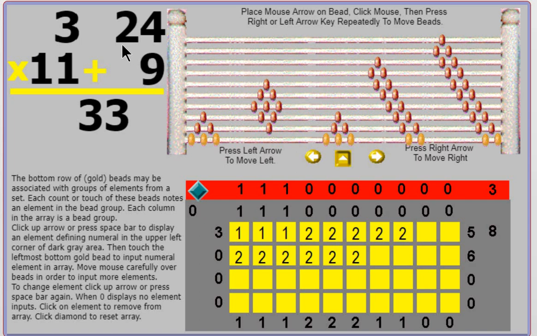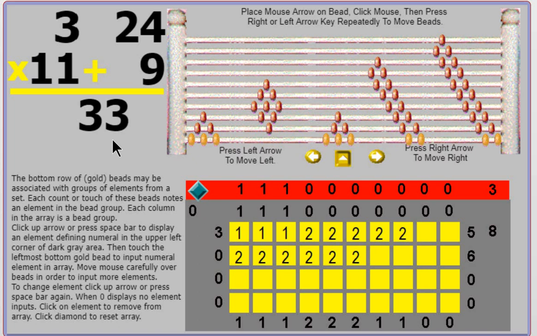And of course we still have the 3 times 8, which gave us 24, so we have 24 plus 9 equals 33, which equals the solution of the mathematical operation demonstrated. 3 times 11 does equal 33.